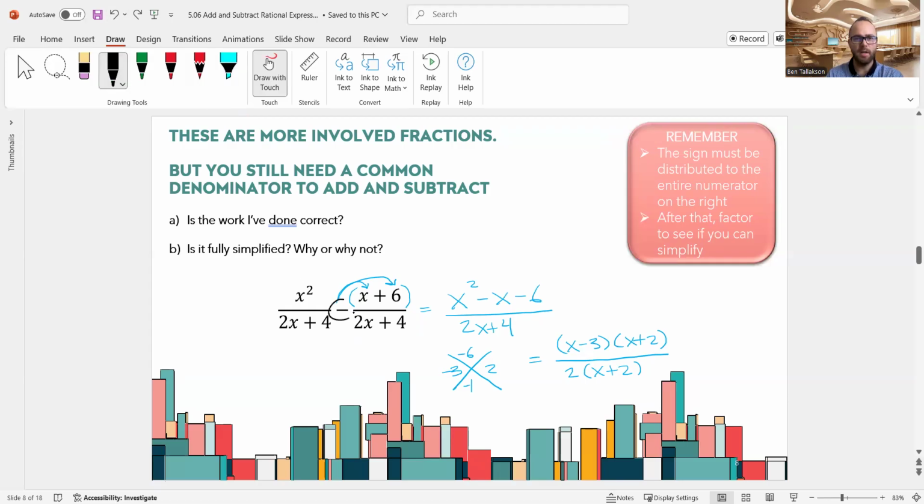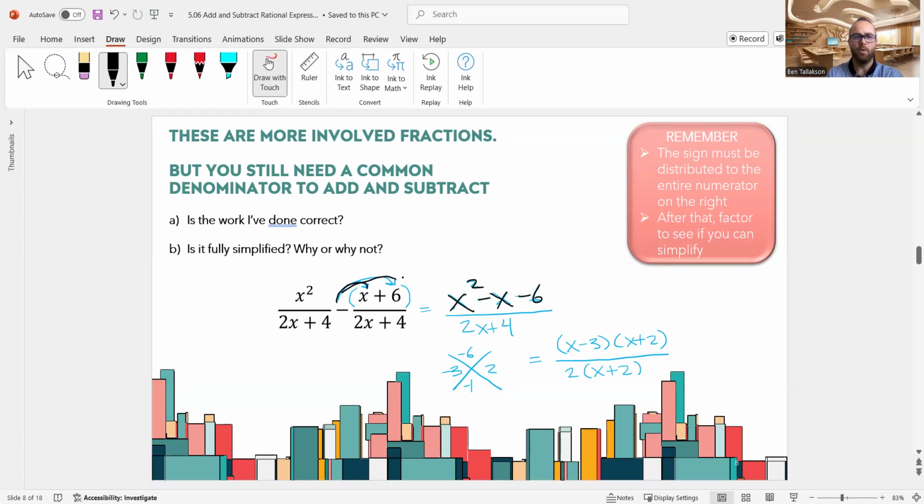Well, I have a negative sign here, so that's like a -1. So -1 times x gives us -x. -1 times 6, -6. And because we're combining these, we're going to also include that x squared over here.